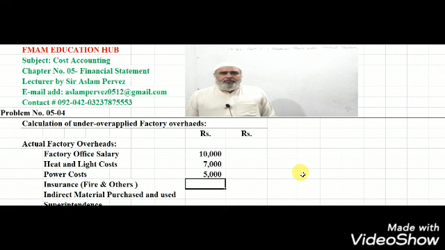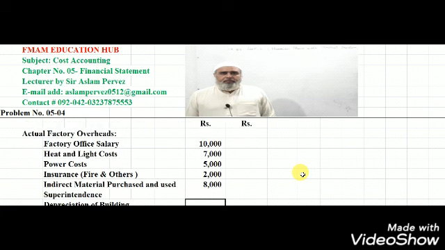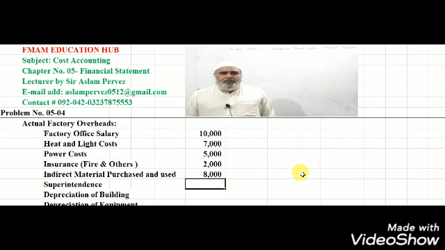Same as insurance, fire and other, 2,000 rupees. Indirect material purchased and used, 8,000 rupees. Superintendent's expenses, which is the amount of 4,000 rupees.